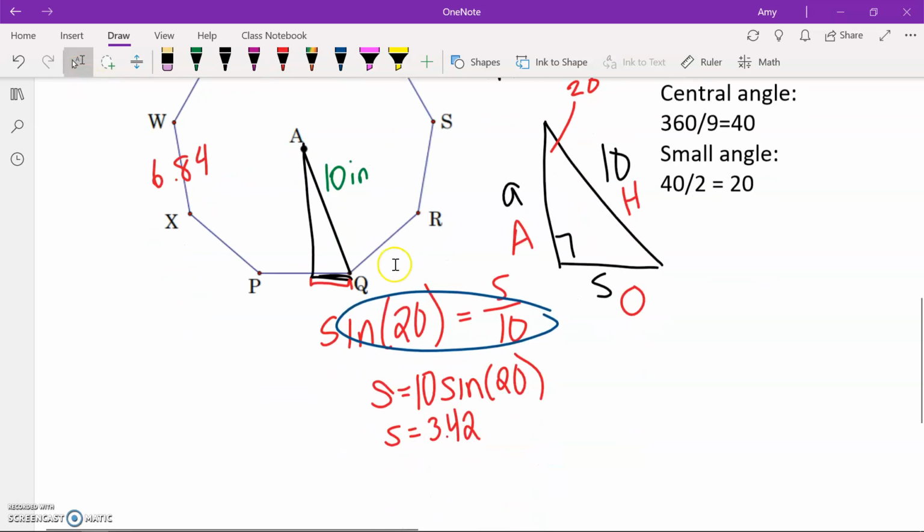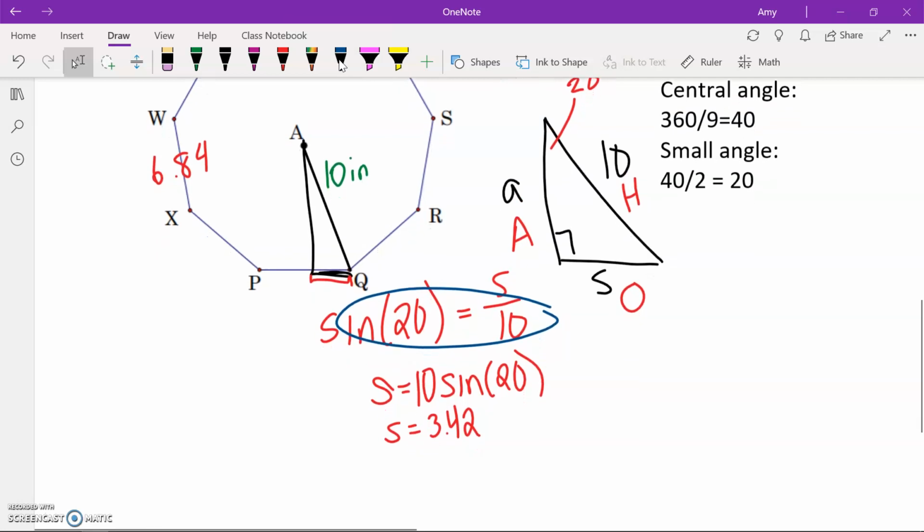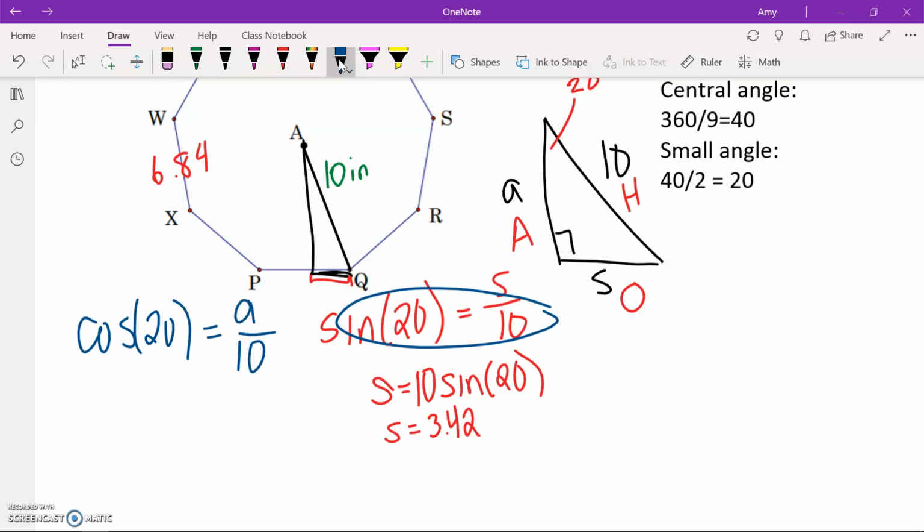Our last step is that we have to calculate the apothem. So I'm going to use trig again this time. There's a bunch of different ways you could do it. You could do Pythagorean theorem, you could use tangent, or you could do cosine. So I'm going to use cosine and say that cosine of 20 is equal to a over 10.